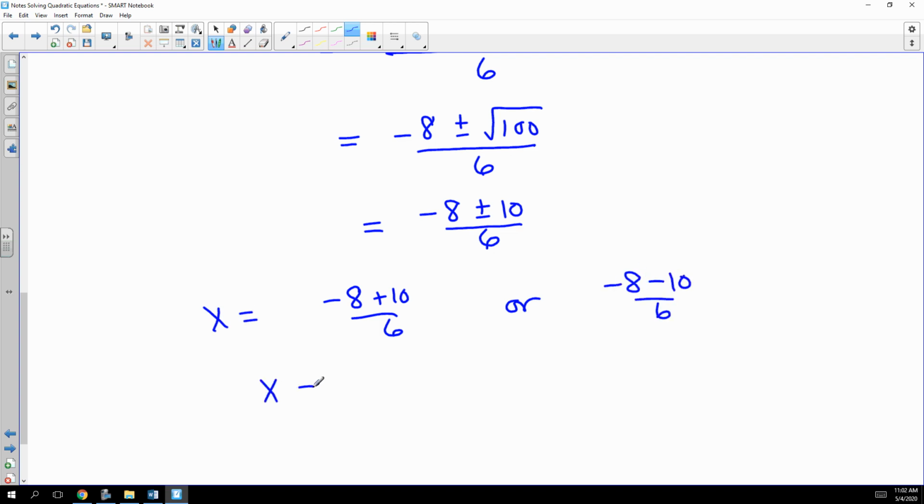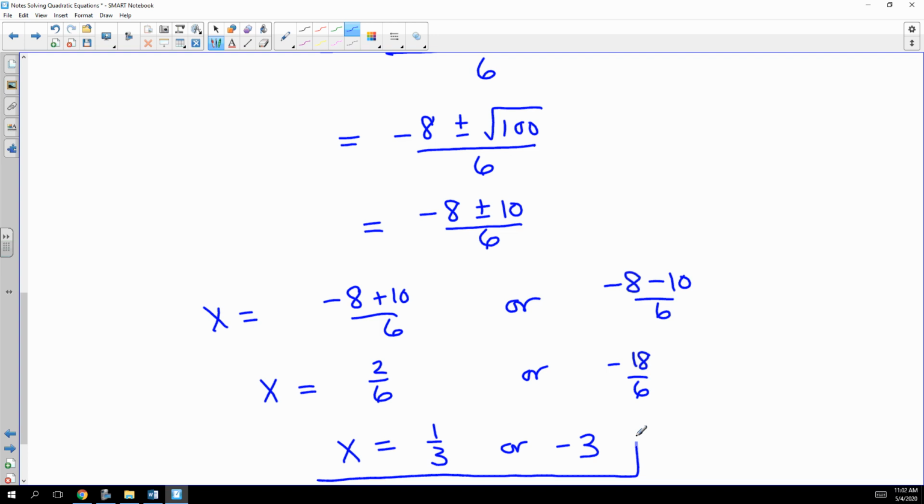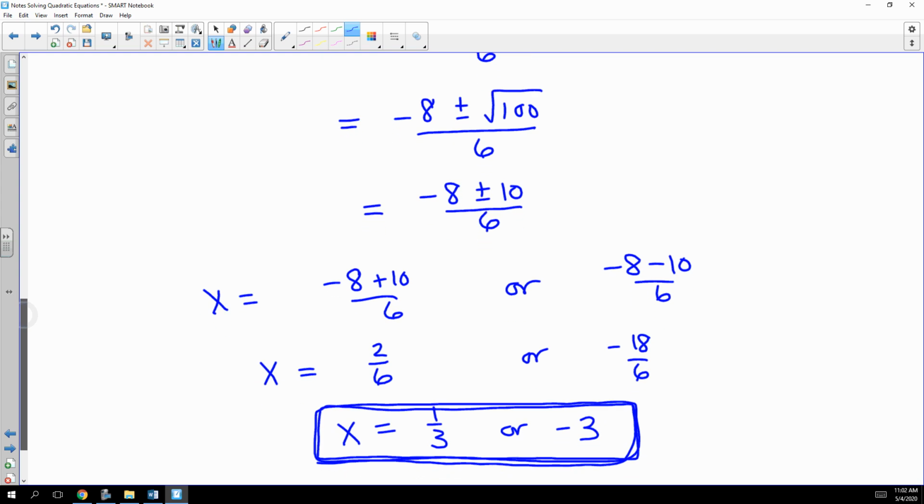So we get x equals, this is going to be 2 over 6, so x equals 1/3. And this will be negative 18 over 6, which would give us negative 3. So we have two solutions, 1/3 or negative 3. So it was actually possible to factor it. I know it's possible to factor because the radicand under the radical symbol ended up being a perfect square, which means it was a factorable type of expression.